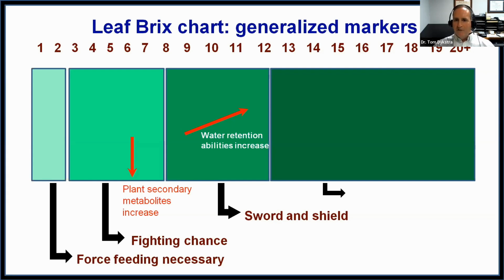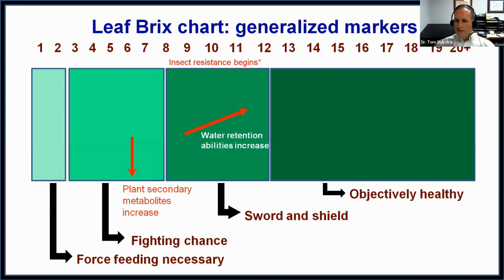It's not much of an issue here in Florida. We almost have too much water, but of course, other parts of the country, California being prominent right now, and of course, New Mexico and Arizona as well, do need to hold on to that water. It is in this stage that insect resistance really begins in earnest. So from 8 to 12, a lot of insects just have difficulty with these plants.